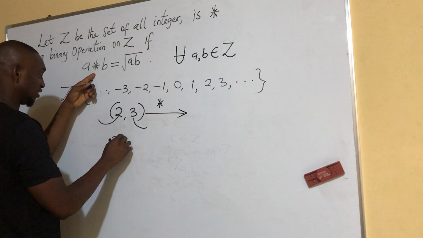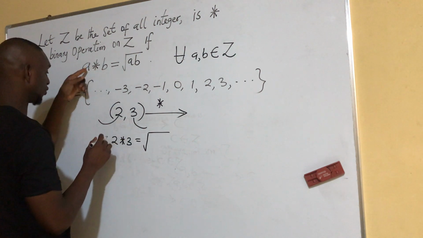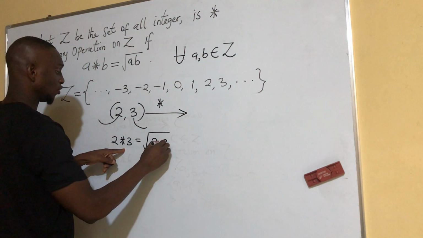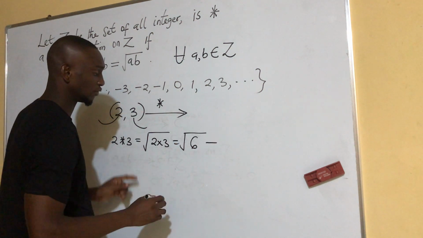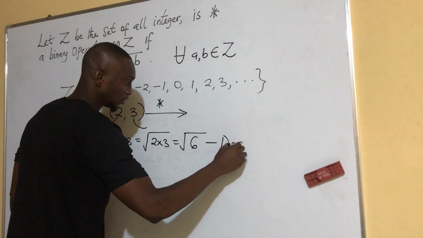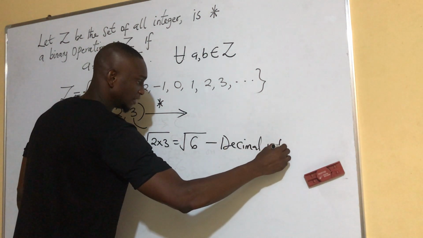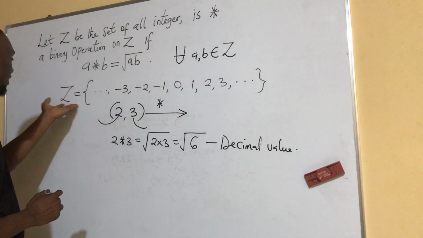We have this to be the square root. A becomes 2 and B becomes 3. We have 2 times 3, which gives us the square root of 6. And this is going to give us a decimal value, and decimal values are never found in the set of integers.